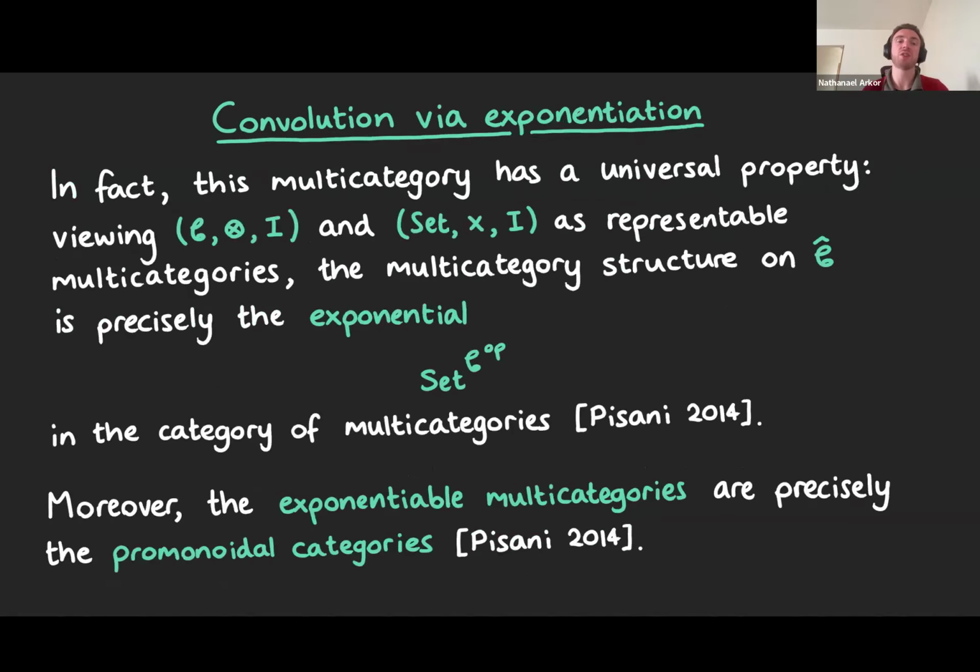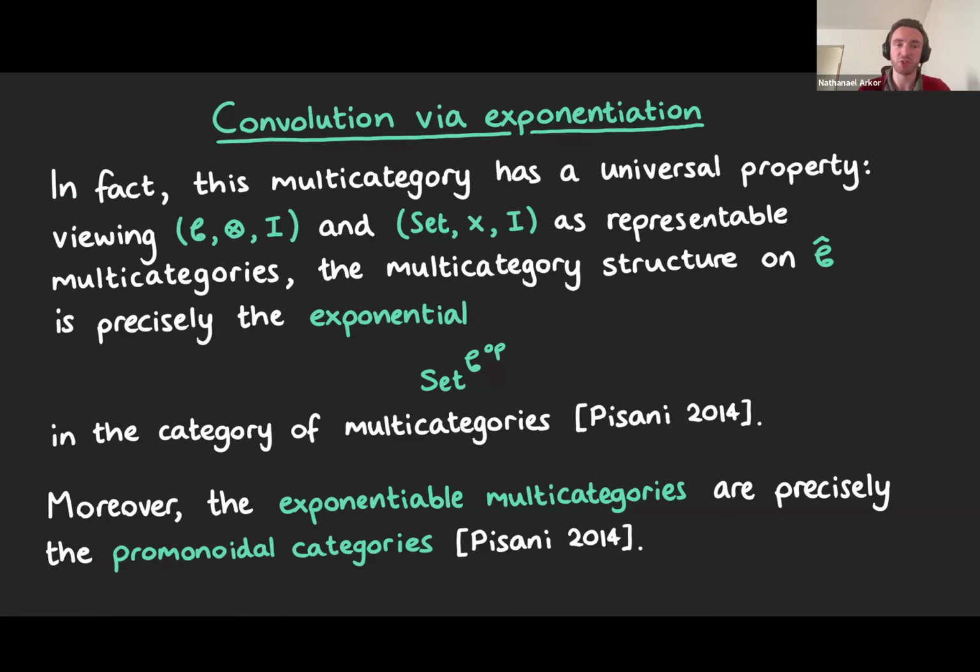Now, there's another advantage other than just being a simpler construction, which is that when we view things multicategorically, we see that the convolution monoidal structure has a universal property, which is very nice. So we can view C and set with the Cartesian product as representable multicategories, viewing a monoidal category as a multi-category by looking at maps out of the tensor product.